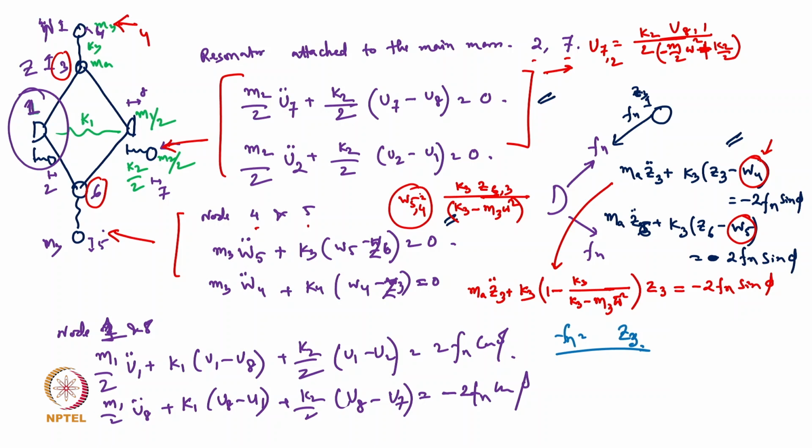Now we also have another interesting equation, that is the kinematic equation. We have this rigid link, and this rigid link is moved here, and this one is going up. So this is my z3, this is my u1. Now this one is becoming like this, and basically it is coming back like this, so that is minus u8.